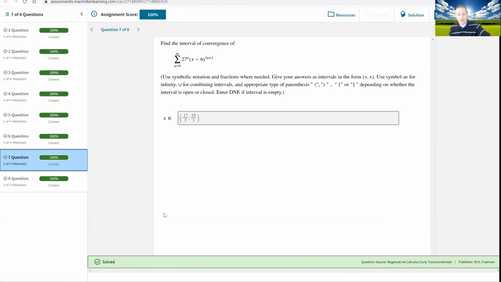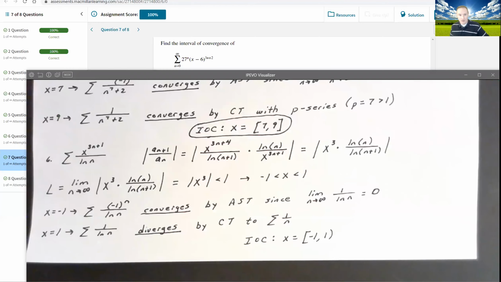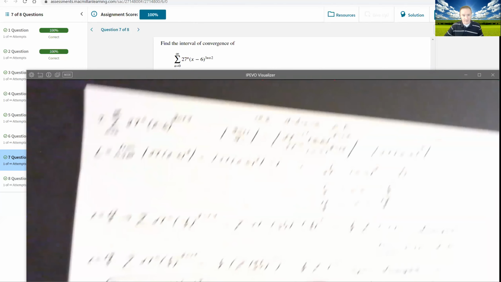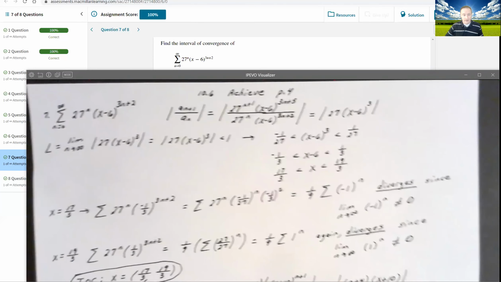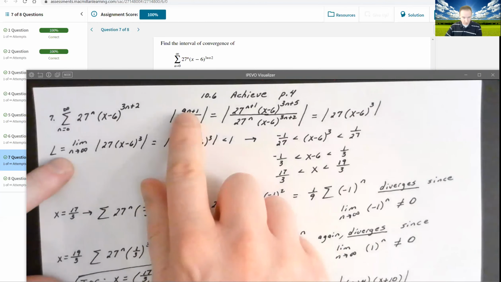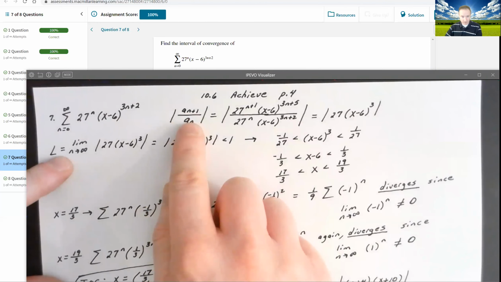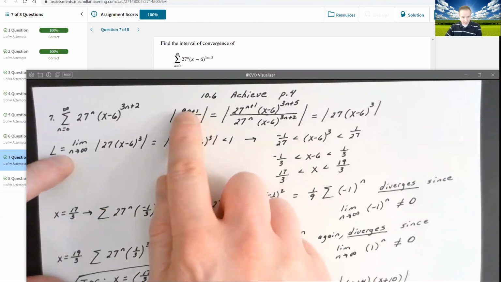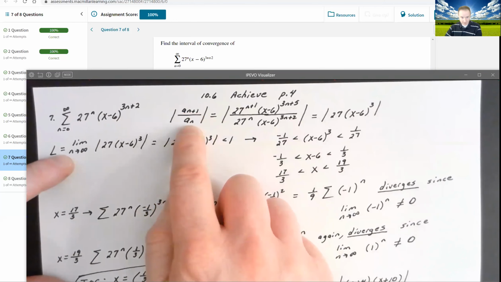For my next question on here, number 7, and this section is depressingly short. Let's see. We have the series 27 to the n times x minus 6 to the 3n plus 2 power. Okay, so what I did here, what you should always do, you should use the ratio test to start off your problem. So I said, let's think about what happens to a sub n plus 1 over a sub n.